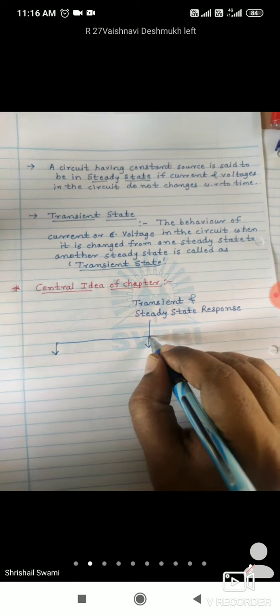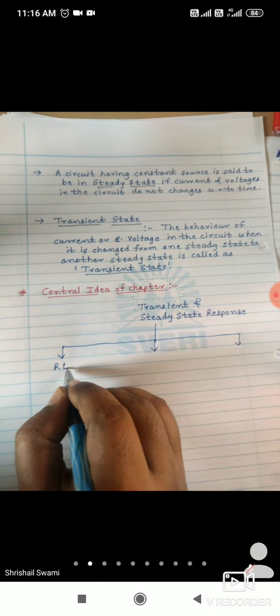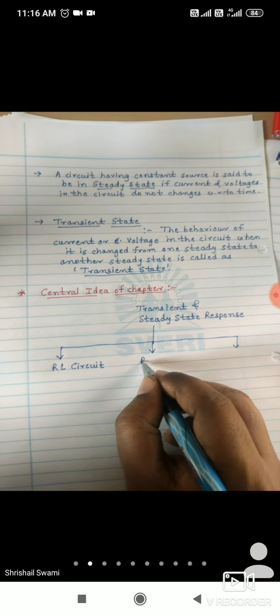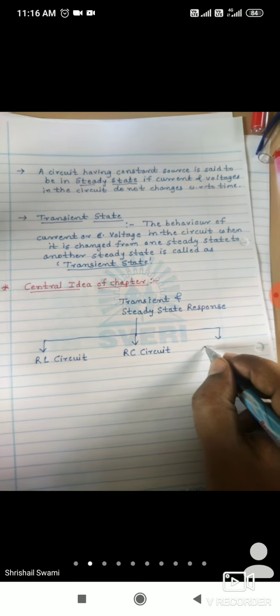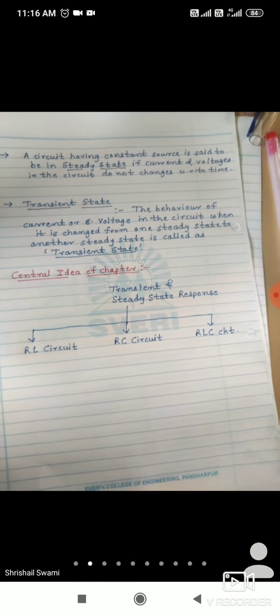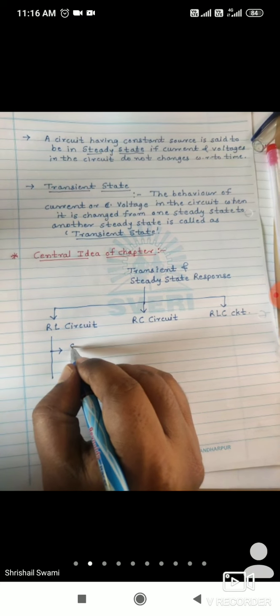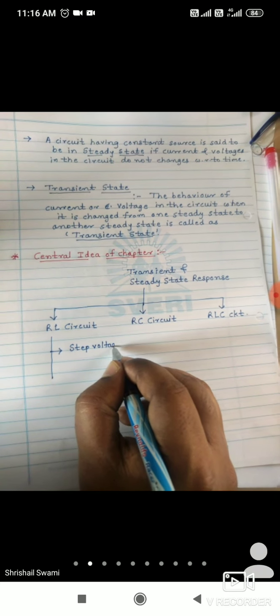So three circuits I will draw here: RL circuit, then RC circuit, and then RLC circuit. Okay, so here we are learning by applying step voltage.